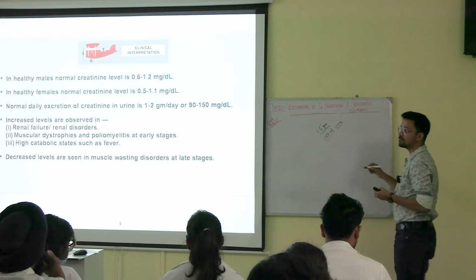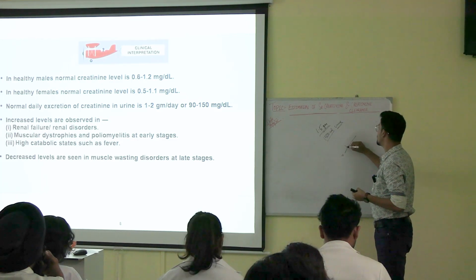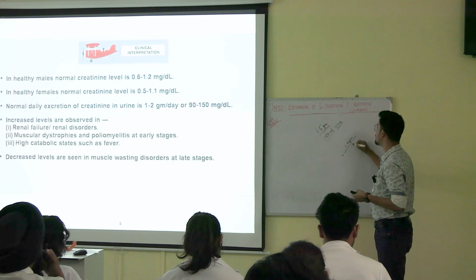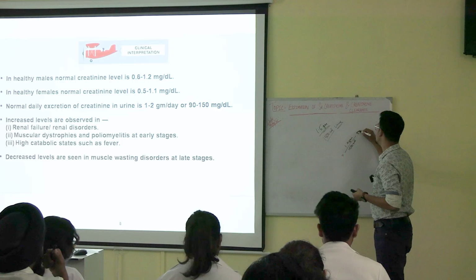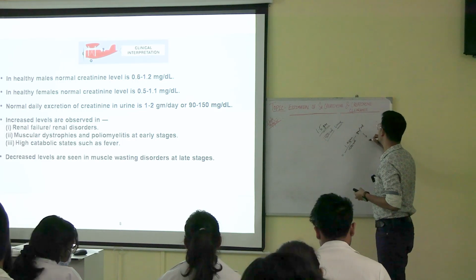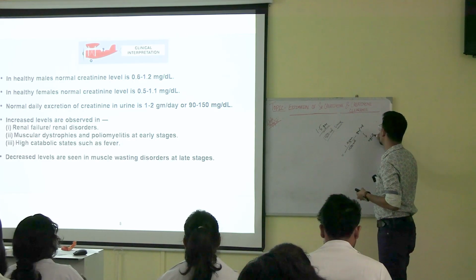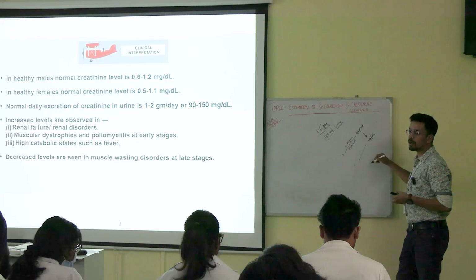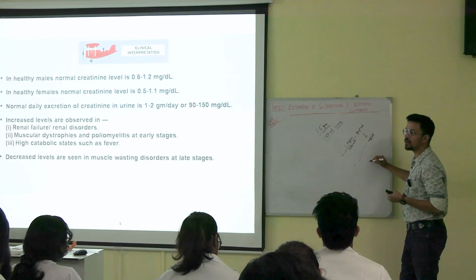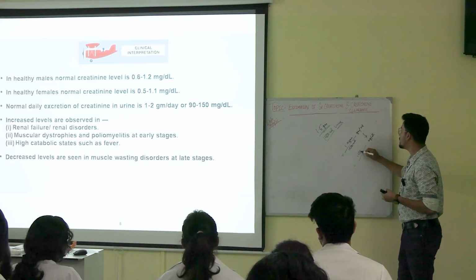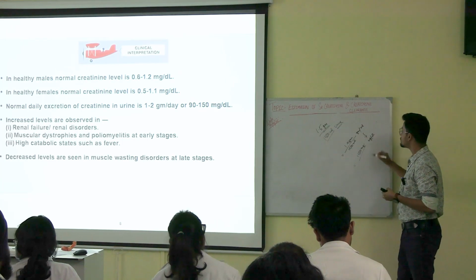Who did it? Okay. How? 1.5 gram divided by 1500 ml. This is gram per ml. We have to convert it into mg per dl. Right? So 1.5 gram means how many mg? 1500 mg.